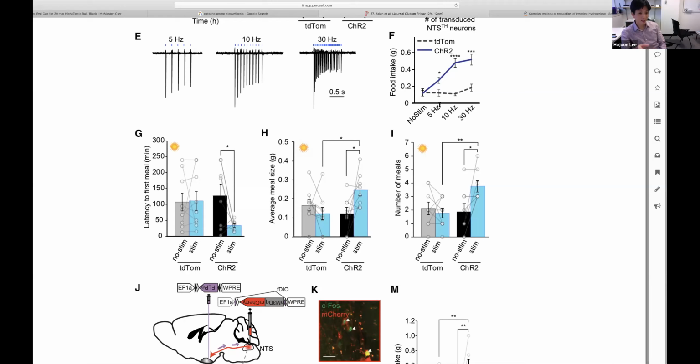Because the graph looks great, but you can see that this is almost 1 hour, like 40 minutes maybe. 40 minutes after the light starts shining is the latency to the first meal. It's not like the mice race to the food.